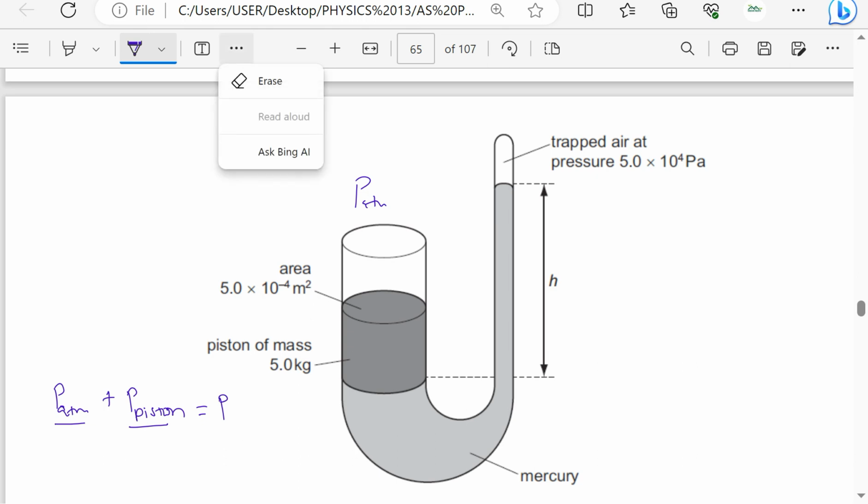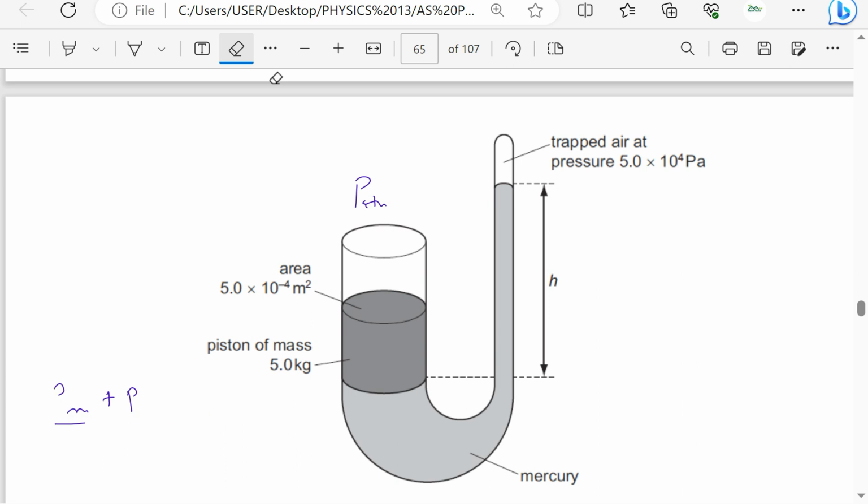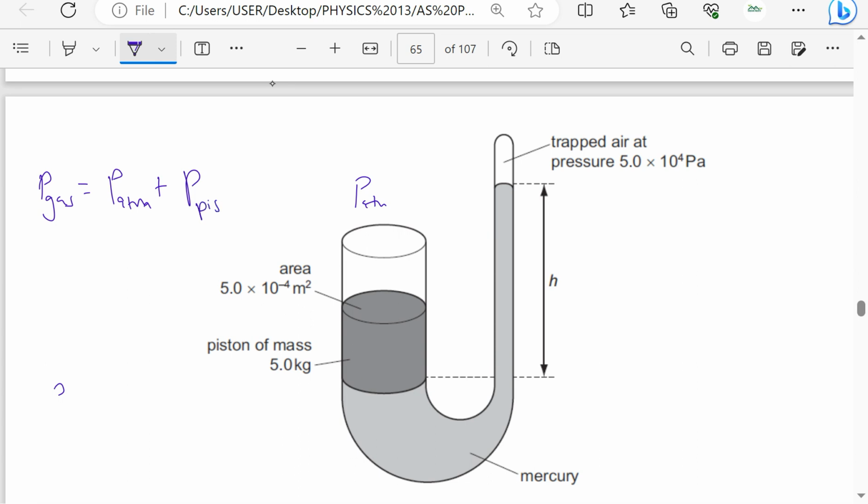No, let me just do it like this. So to find the pressure of the gas, because the left-hand side is pushing the right-hand side, the pressure of the gas is going to be the pressure of the atmosphere plus the pressure of the piston, and I subtract the pressure due to the height, the pressure due to the mercury, because the piston and the atmosphere are pushing the liquid mercury on the other side.